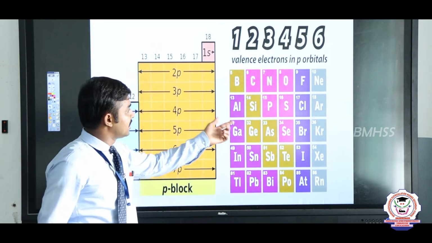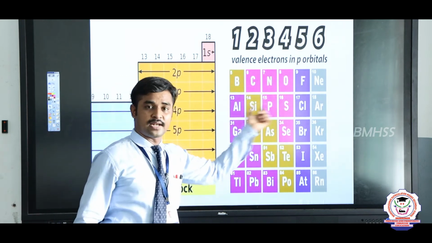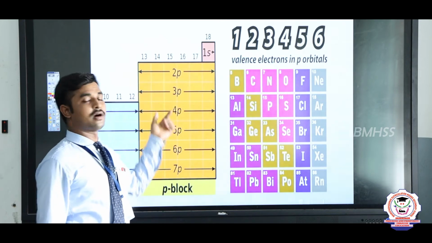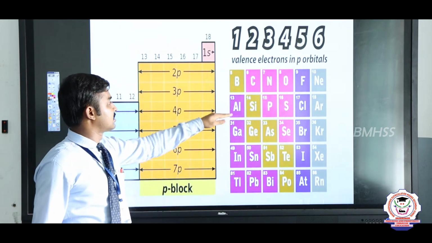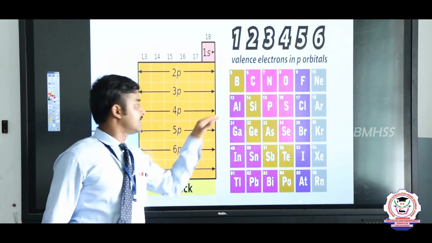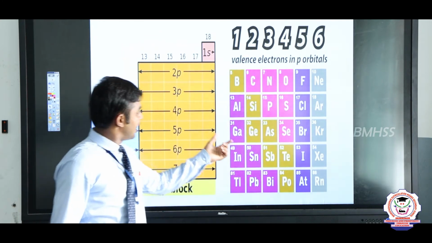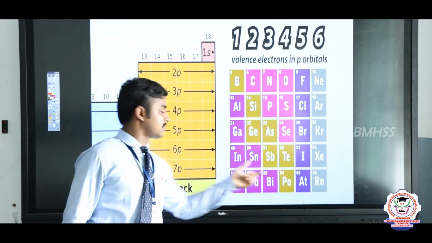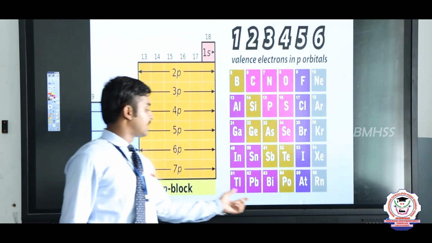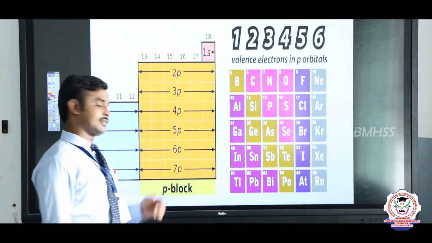Aluminum, silicon, phosphorus, sulfur take the 3p orbital as the last valence orbital. The gallium line is filled by 4p orbitals, the indium line contains 5p as the last orbital, and the thallium line lastly contains 6p.